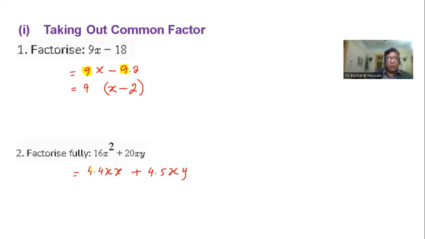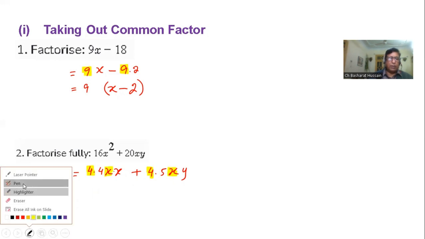Check it. 4 is common. Now find another common factor, which is x. x is present in both the terms. Now here, 4 and x are in both expressions. So which is the common factor? 4x is a common factor.